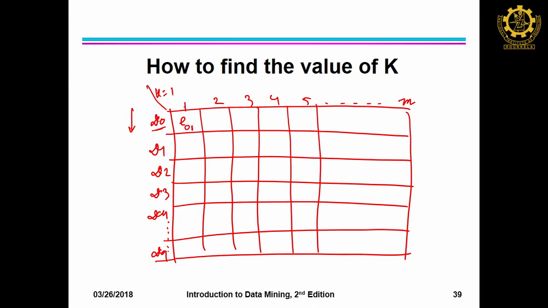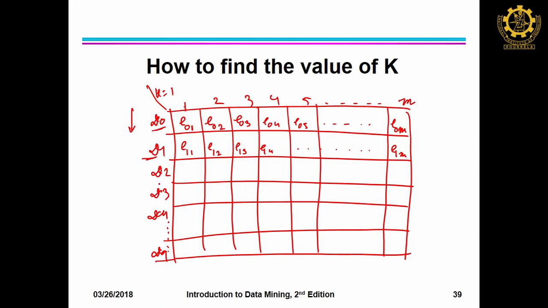Similarly, for k equal to 2, the error on the same validation set will be E 0 2. Similarly, this will be E 0 3, E 0 4, E 0 5 and so on, and then E 0 m, the error on validation set 0 when the k value is m. When D 1 is considered as the validation set, the error is noted for block 1, and with k value 1 this will be E 1 1, this will be E 1 2, E 1 3, E 1 4 and then E 1 m.